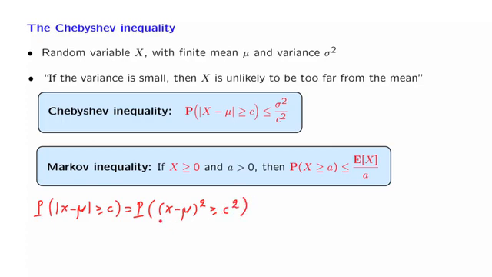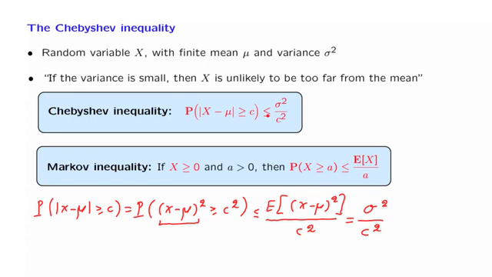But now, here we have a non-negative random variable, and we can apply the Markov inequality with x replaced by this random variable and with a replaced by c squared. So this gives us the expected value of the random variable of interest divided by c squared, but we recognize that the numerator is just the variance, and this is the Chebyshev inequality that we claimed.